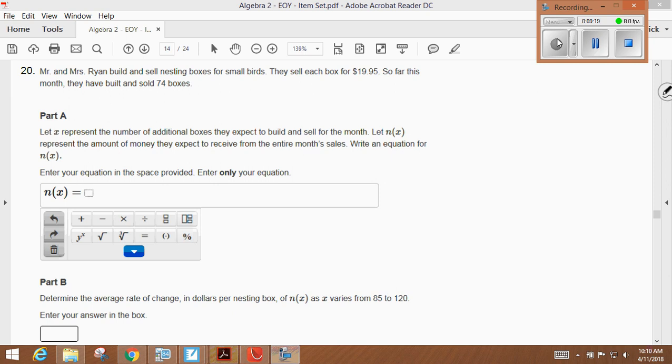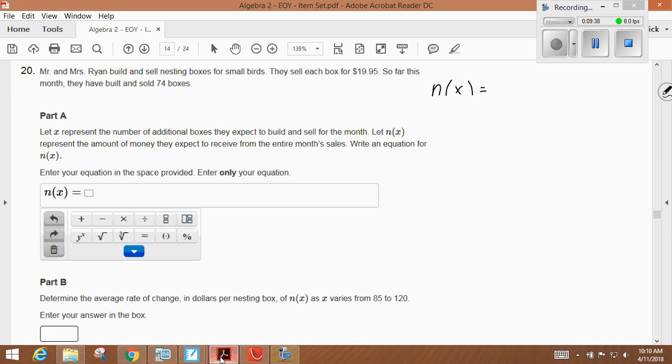So it wants me to write an equation, N of x. We want to know the amount of money they expect to receive this month. So it's $19.95 per box.